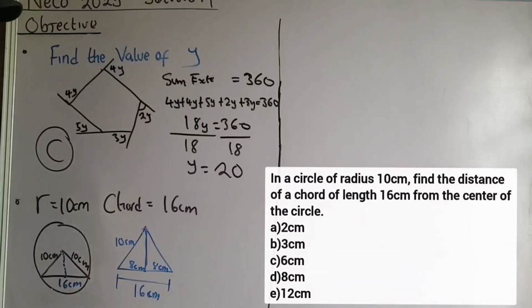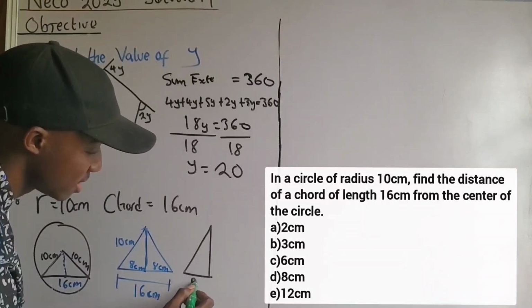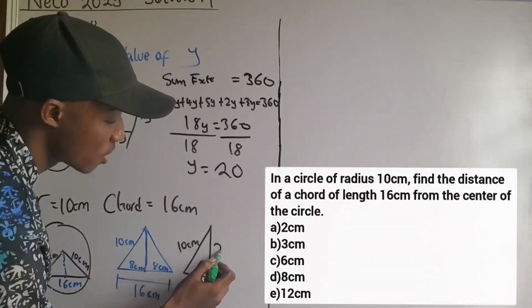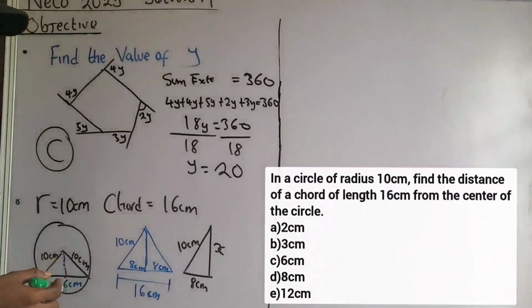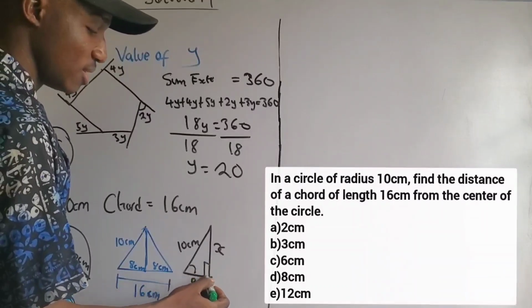So I can use Pythagoras theorem to solve for the distance, because I'm going to have something like this. This is 8 centimeter. This is 10 centimeter. And we are looking for this. Using Pythagoras theorem, this is the opposite side, and this is the hypotenuse.